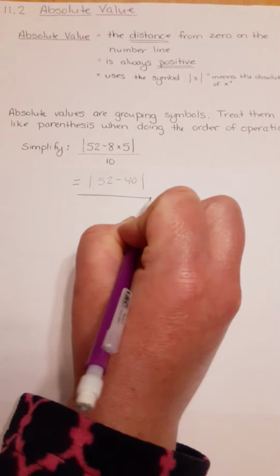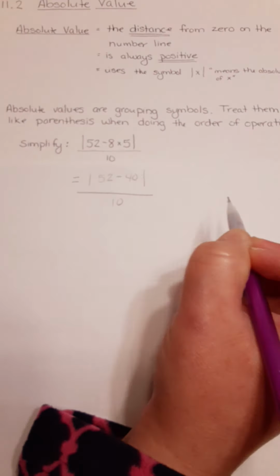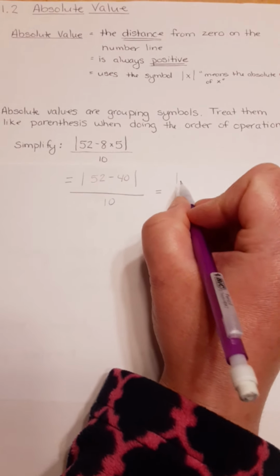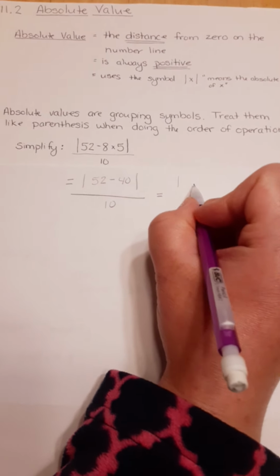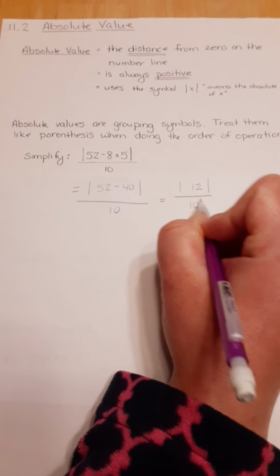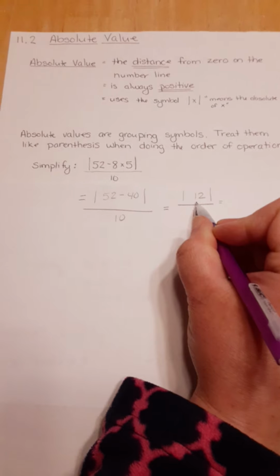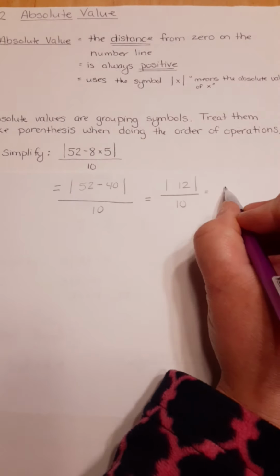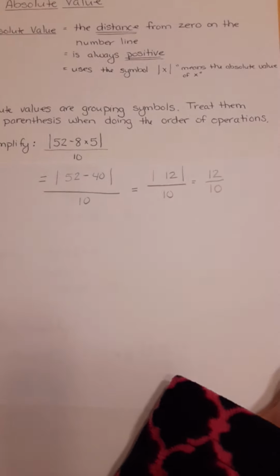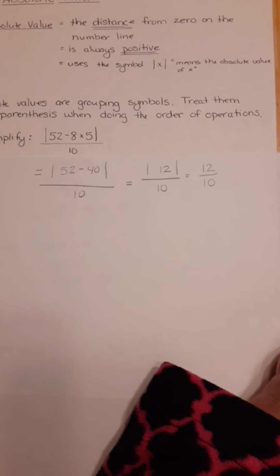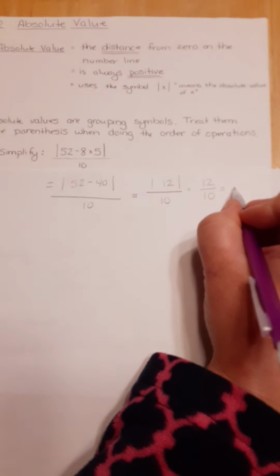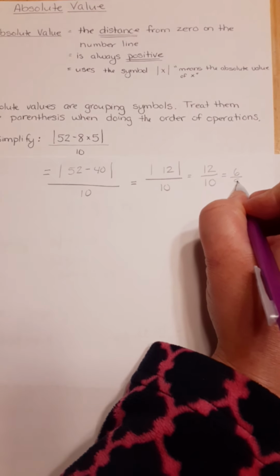Okay, I can't finish it up yet. I need to continue to simplify it. Now I'm going to do my subtraction. What is 52 minus 40? That would be 12, the absolute value of 12. Now, what is the absolute value of 12? The absolute value of 12 is always positive, so it's 12 over 10. Okay, we're going to reduce that down, and we'd end up with 6 over 5.